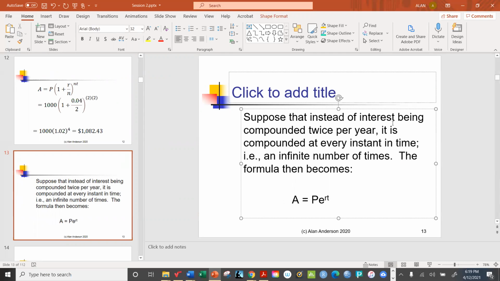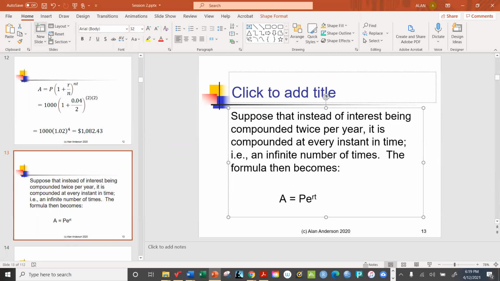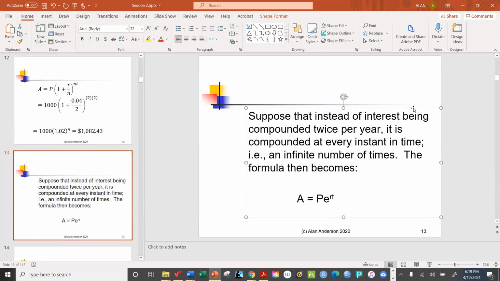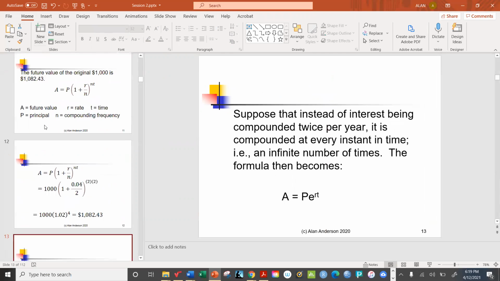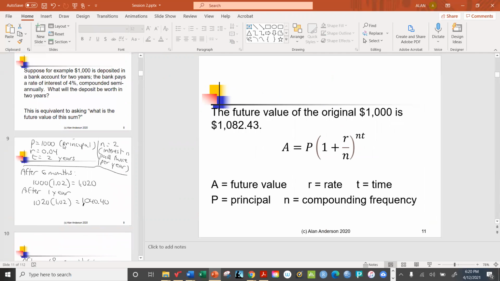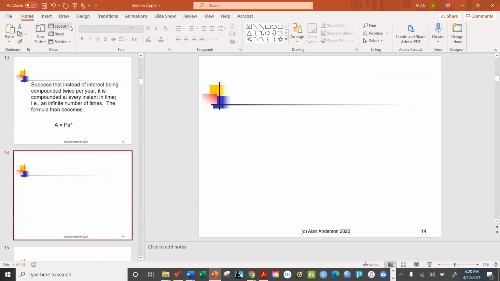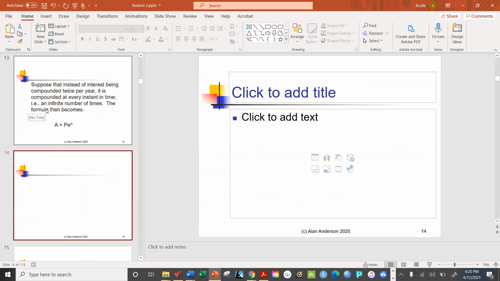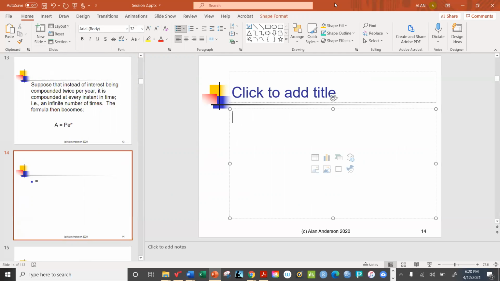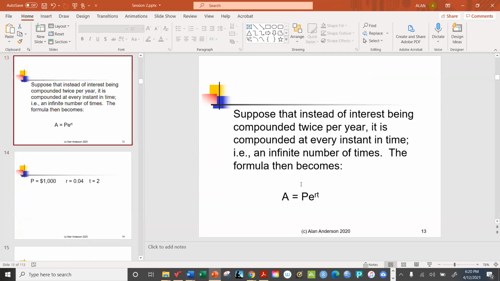Okay, so why don't we plug in the numbers again, and this time let's see how much of a difference that ends up making. We started out with a principal of 1,000, R is 4%, and T is 2 years. So I'm going to use this formula now and see how much of a difference it makes.